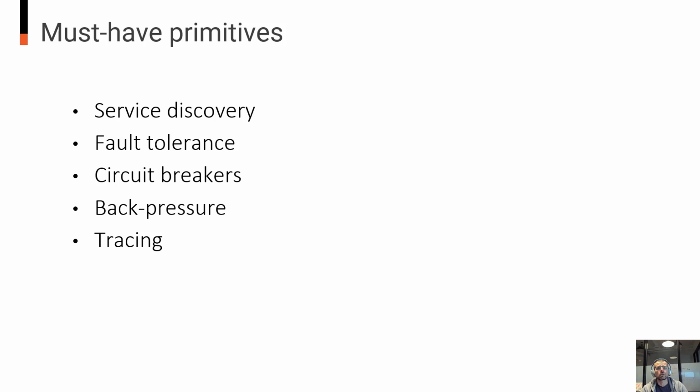Also, if something happens to my service, we need to be able to deal with the error: move load somewhere else, spin up additional instances, etc. If our application is too busy, we should also be able to stop traffic going to this specific instance of the service, so this instance can recover from extra requests that we didn't expect this service would get. And also back pressure and tracing, which I already described.